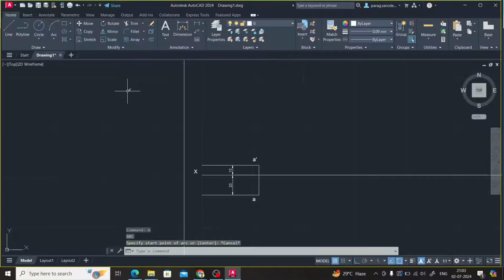Some lag, sorry. Yes sir, your voice is audible, but your screen is not. I think 8 GB RAM is not enough.